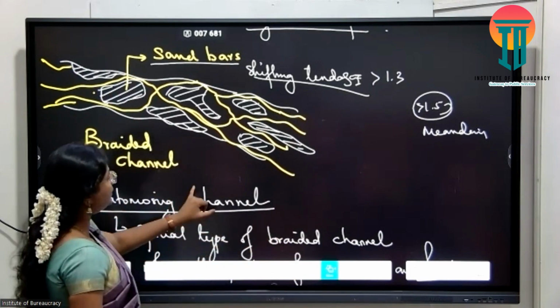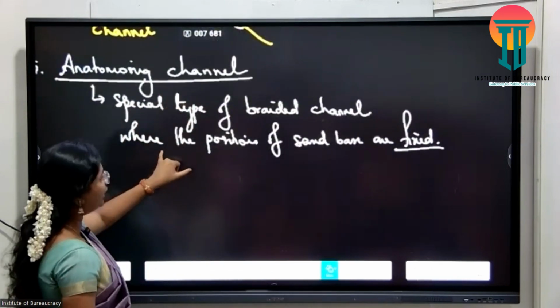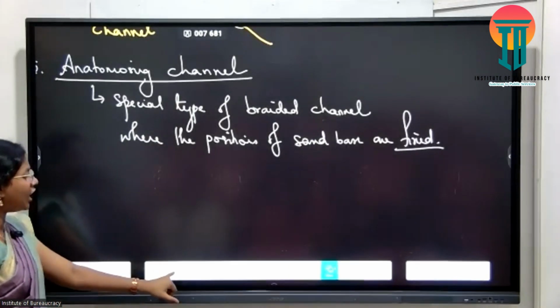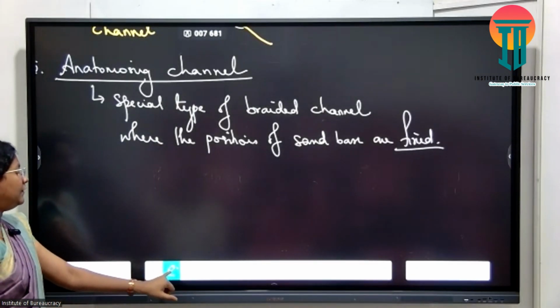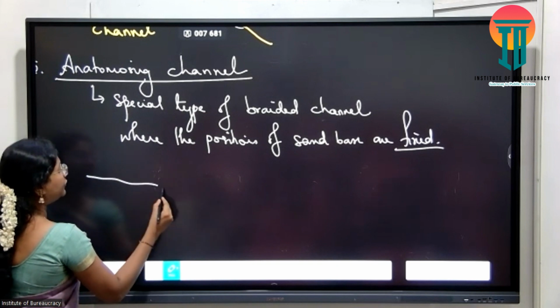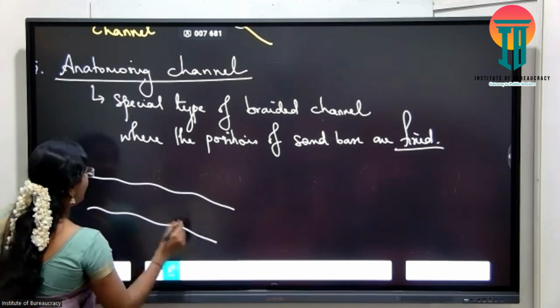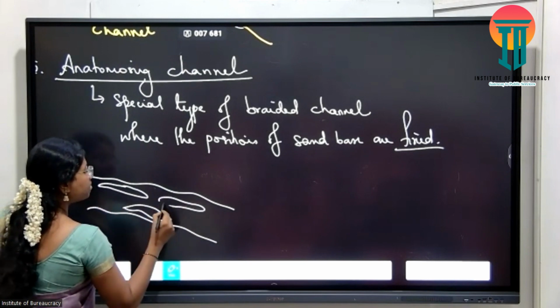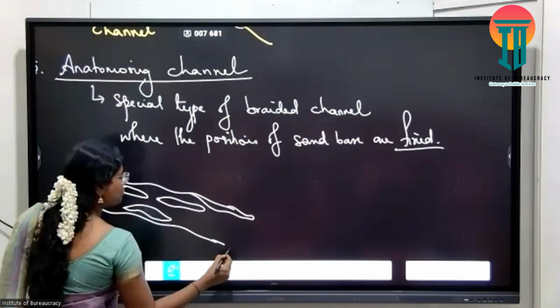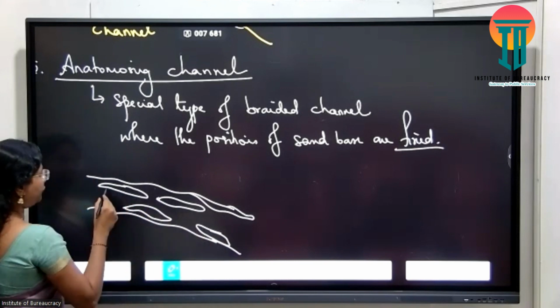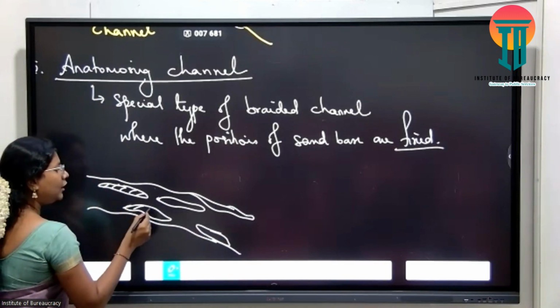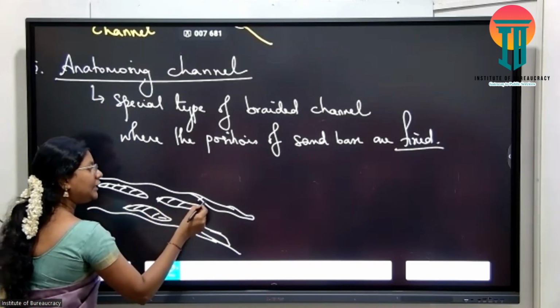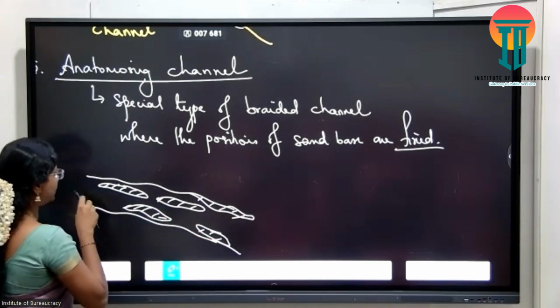Whereas anastomosing channel அப்படிங்கிறது braided channel தான், ஆனா அதோட sandbars are fixed. For example, if this is my river and the position of the sandbars are fixed, they also appear like intermingling of my river channels.